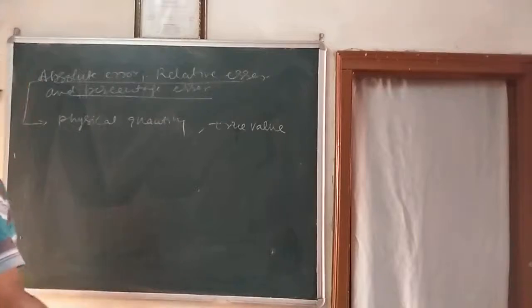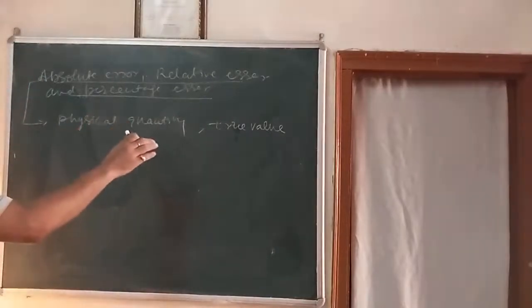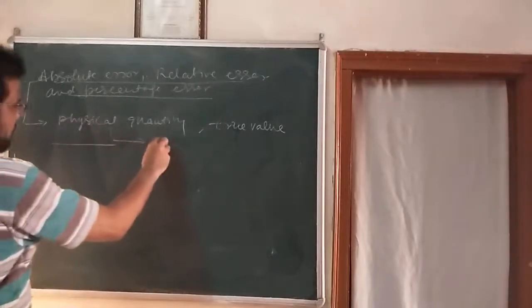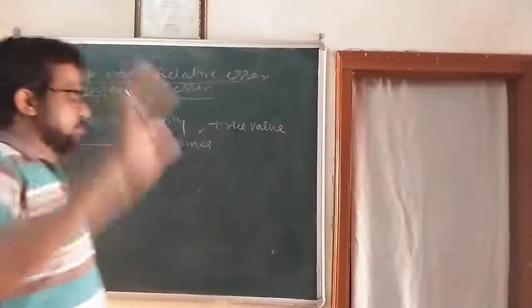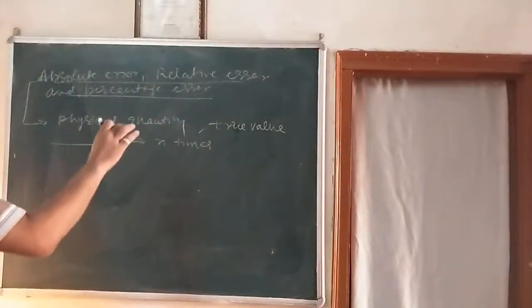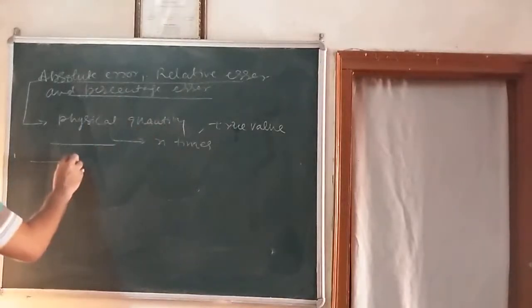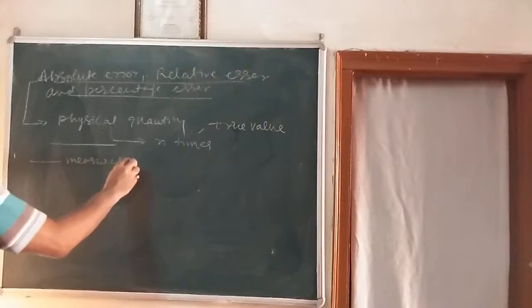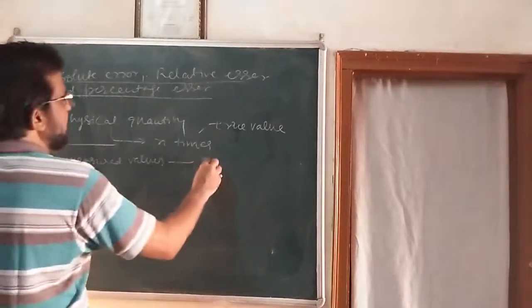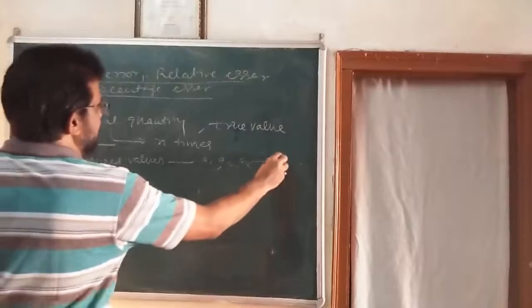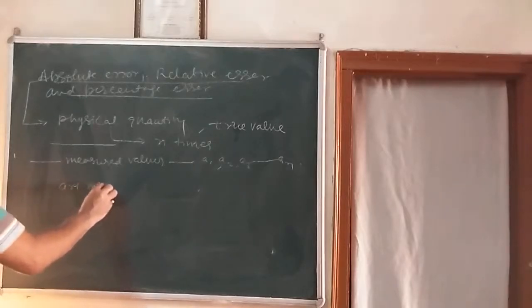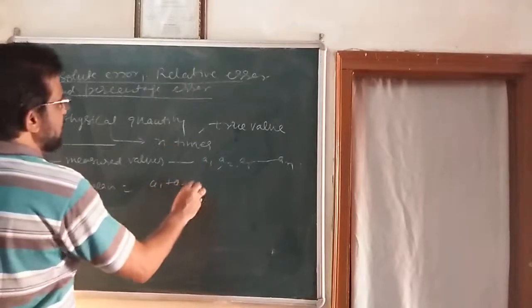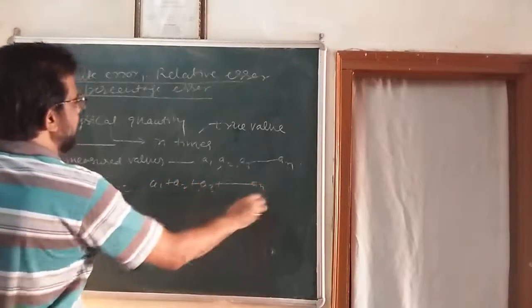For that I am taking an example here. Let the physical quantity be measured n times. Is it clear? Let the measured values be A1, A2, A3, like this up to An. The arithmetic mean of these is A1 plus A2 plus A3, add them all, divided by the number of times.